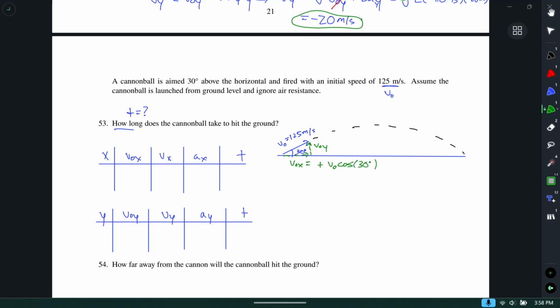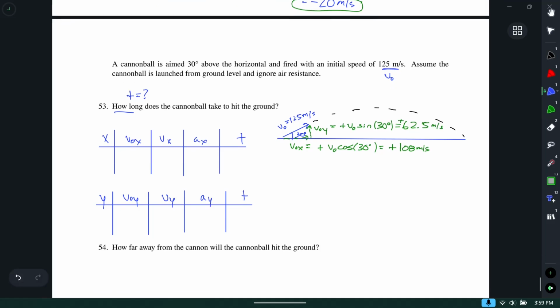So cosine 30. v0y is positive, v0, and it's opposite the angle, so sine 30. And so if I calculate those with v0 being 125, this is 108 meters per second, and this is 62.5, that's positive, meters per second. So I can put that in here.